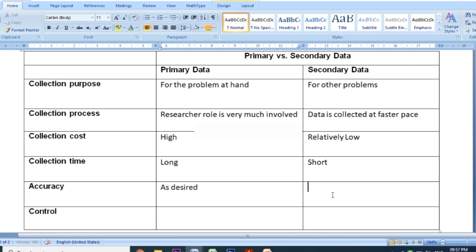The accuracy in primary data is as desired, whereas in secondary data, because of uncertainty of the collection of data, it is not known in advance. And lastly, the control with the researcher is complete in case of primary data, whereas in secondary data, it is not in the researcher's control.